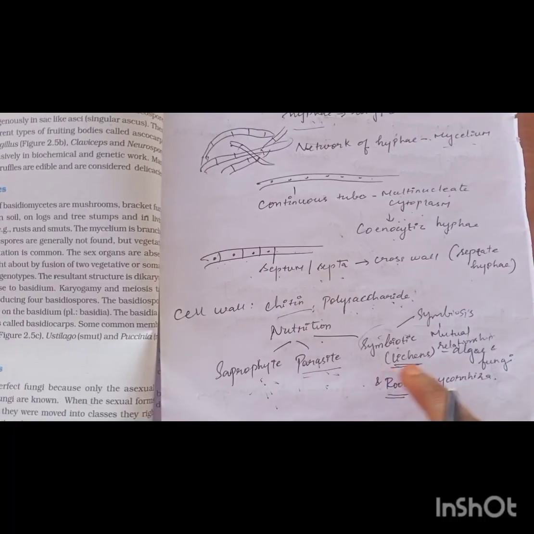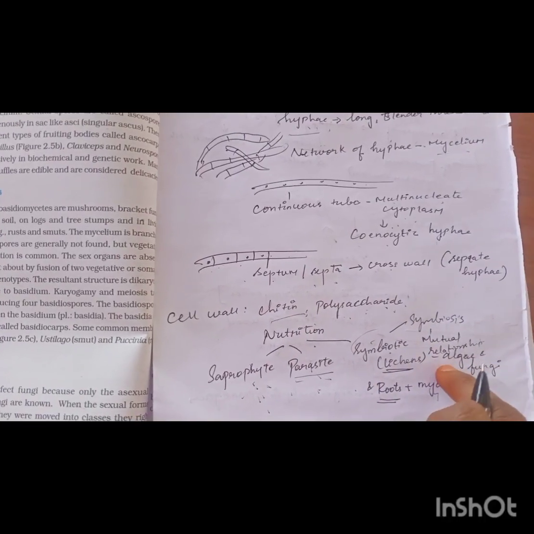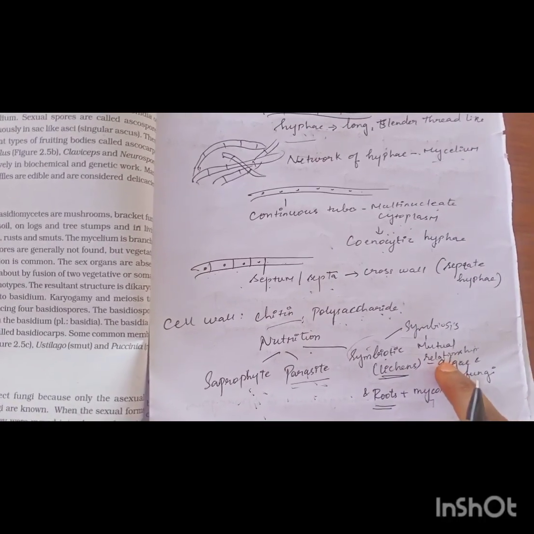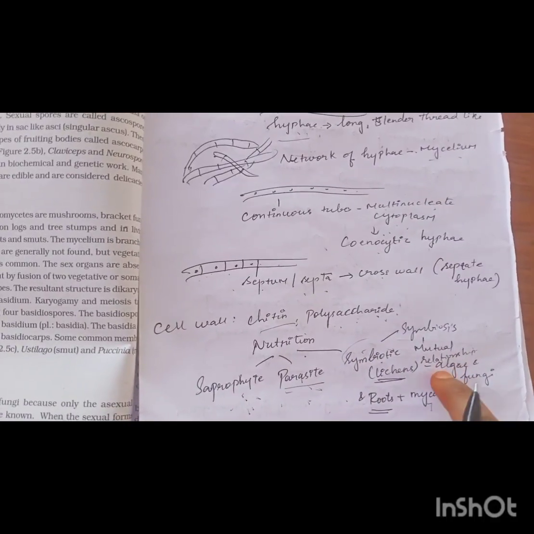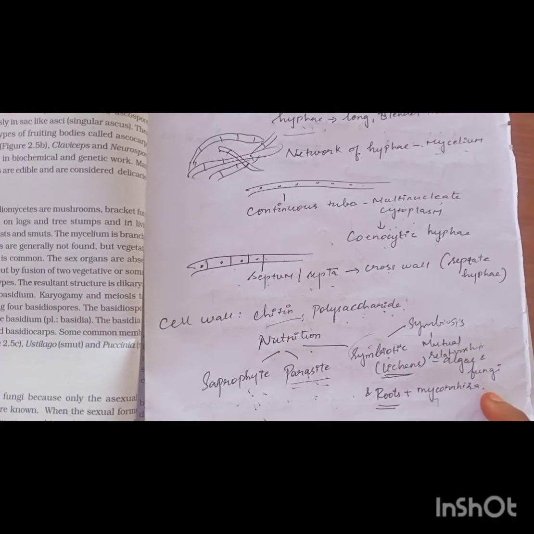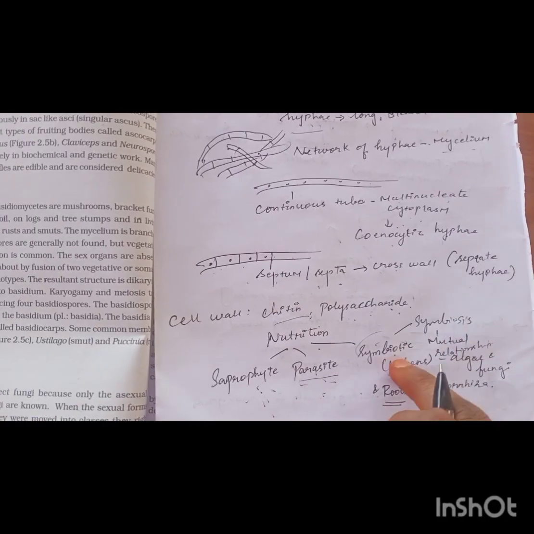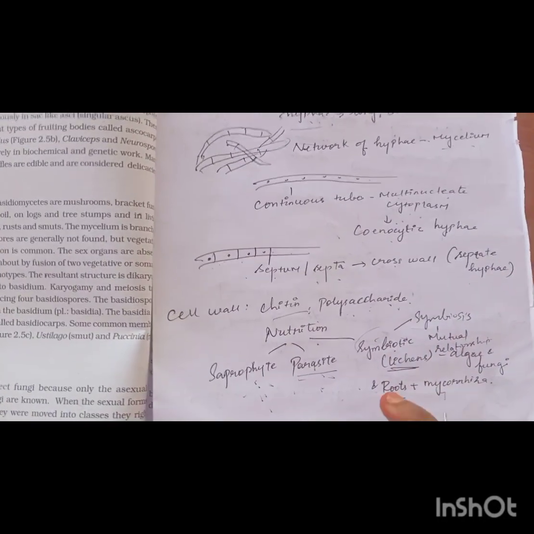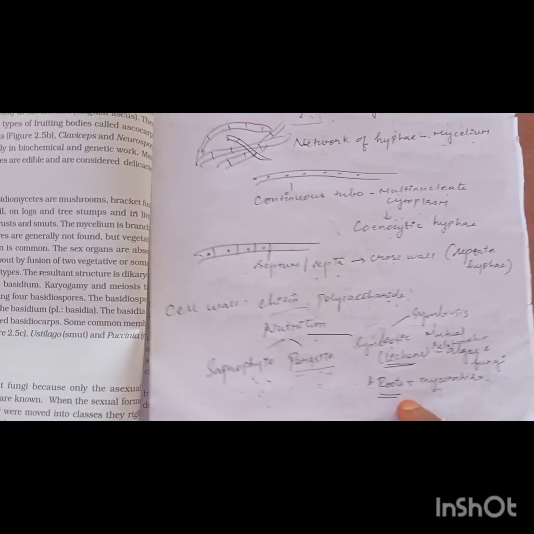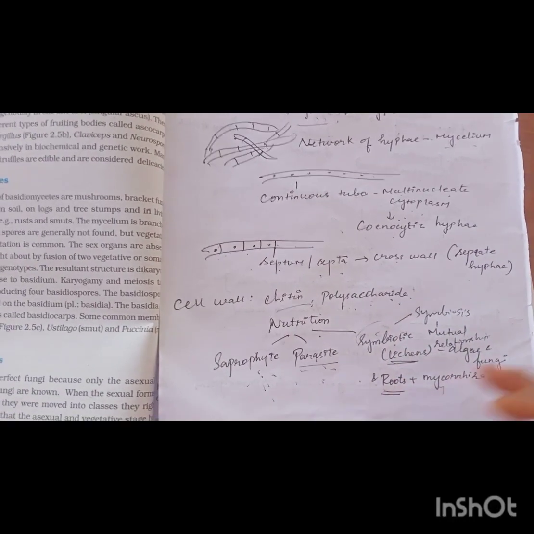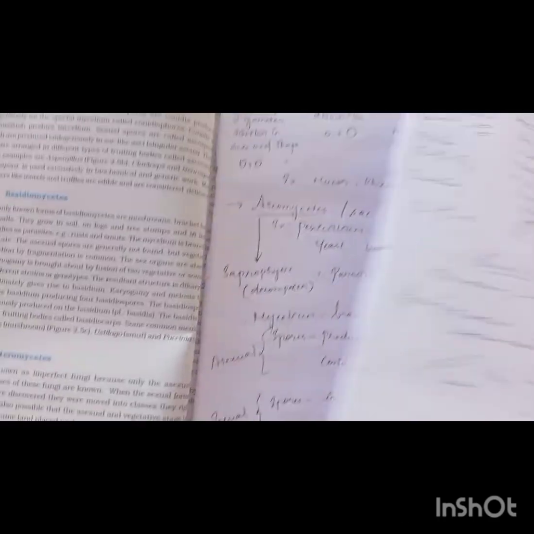In the case of lichen, the fungi will live in a symbiotic association with algae. In this symbiotic relationship, each of them will benefit the other in one way or the other. We will see about this at the end. And mycorrhizal fungi are also in a symbiotic relationship with the roots of higher plants.